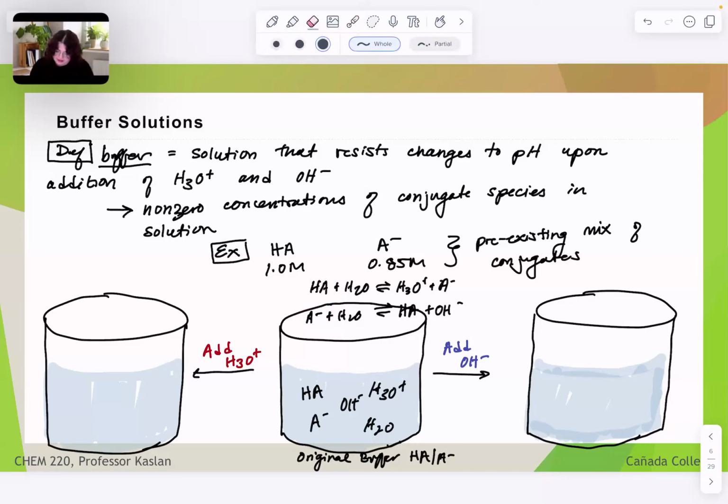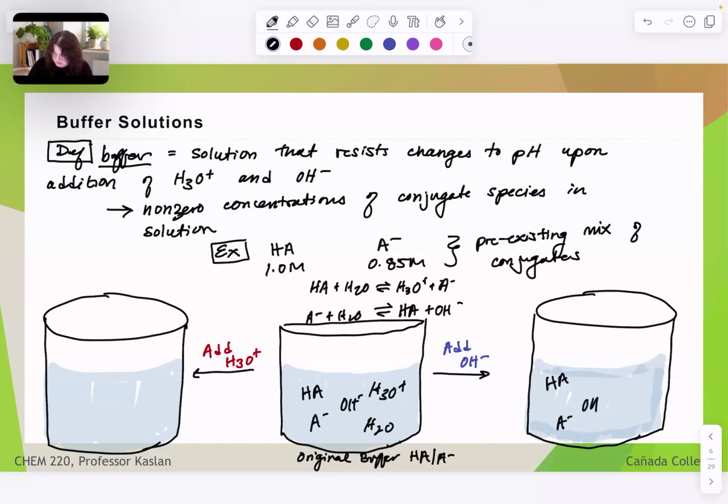So what does that mean is going to happen? Let's say I try to disturb this system by adding some amount of base. So if I add hydroxide, let's think about what in our beaker is going to react with that hydroxide.